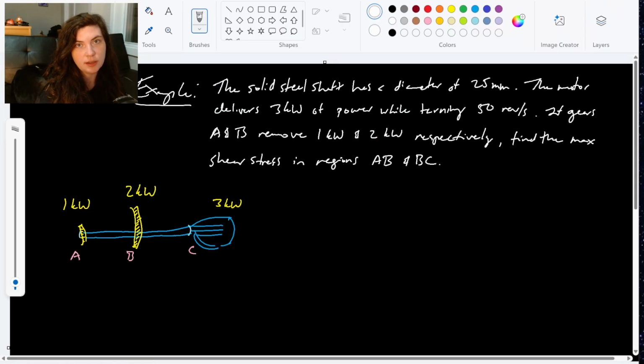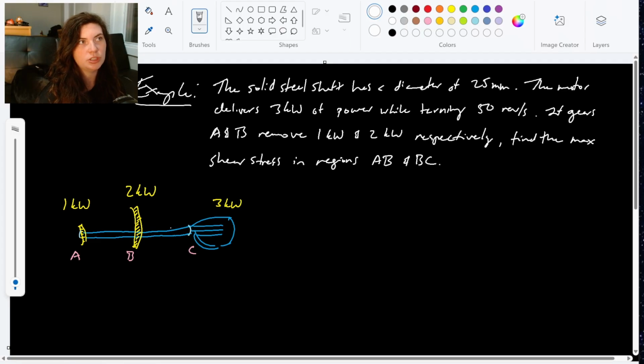So for our last example, I'd like you to try this one out on your own before we work through this example together. So the example says the solid steel shaft has a diameter of 25 millimeters. The motor delivers 3 kilowatts of power while turning at 50 revolutions per second. If gears A and B remove 1 kilowatt and 2 kilowatts of power respectively, find the maximum shear stress in regions AB and BC.